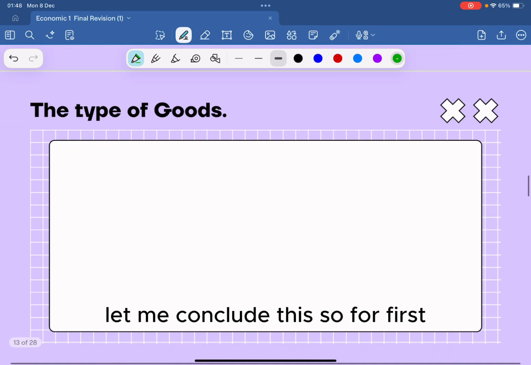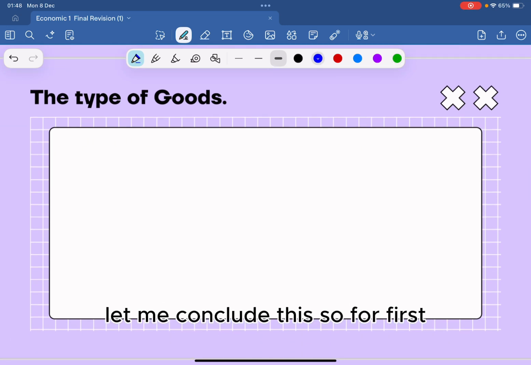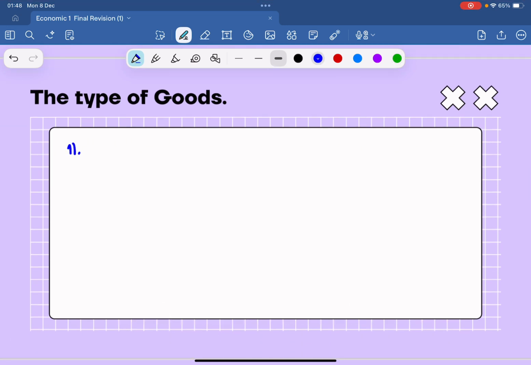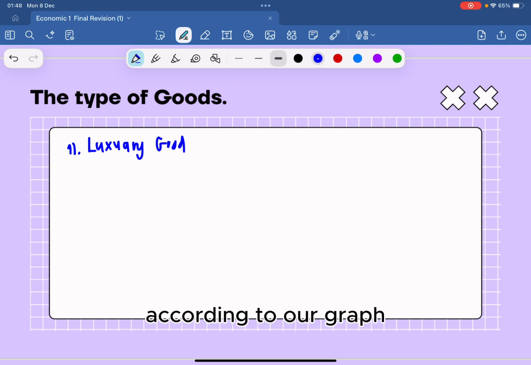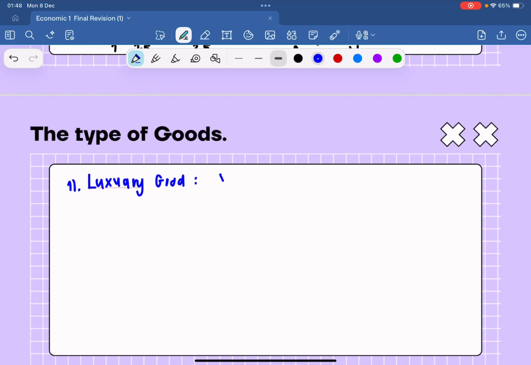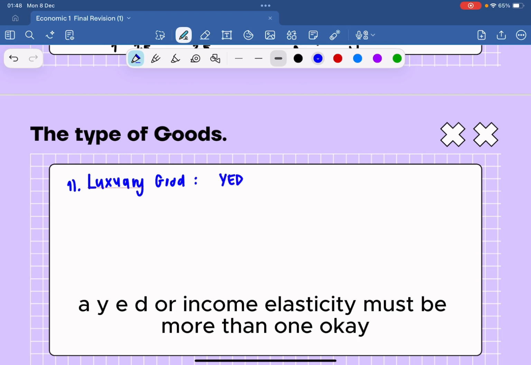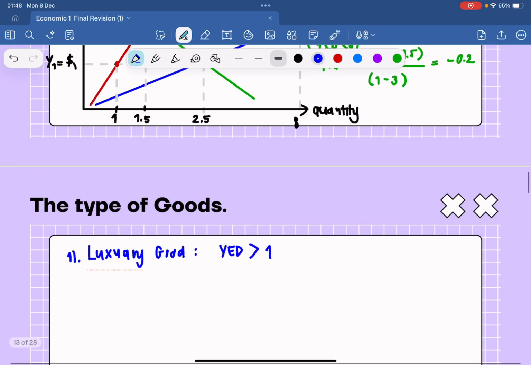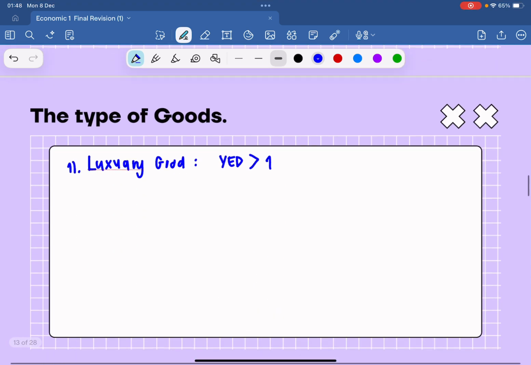Let me conclude this. So first, our luxury goods, according to our graph, our YED or income elasticity must be more than 1. Okay. Yes.